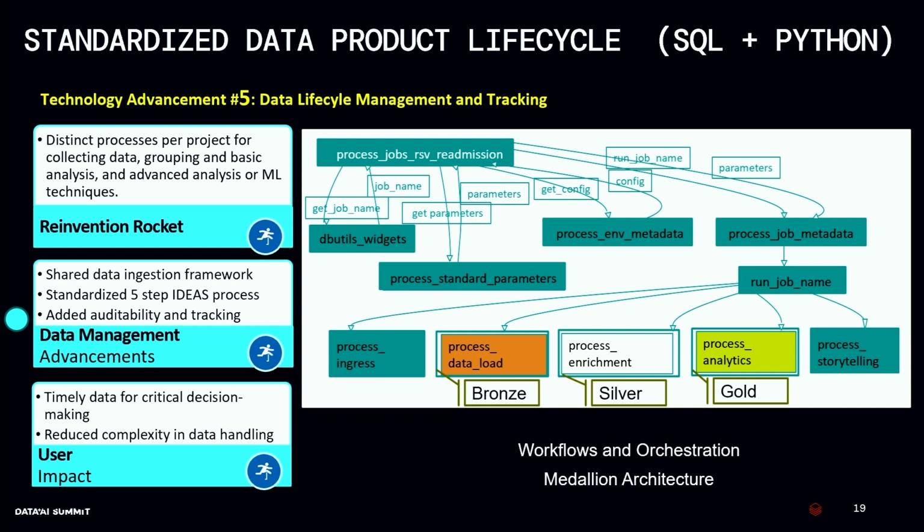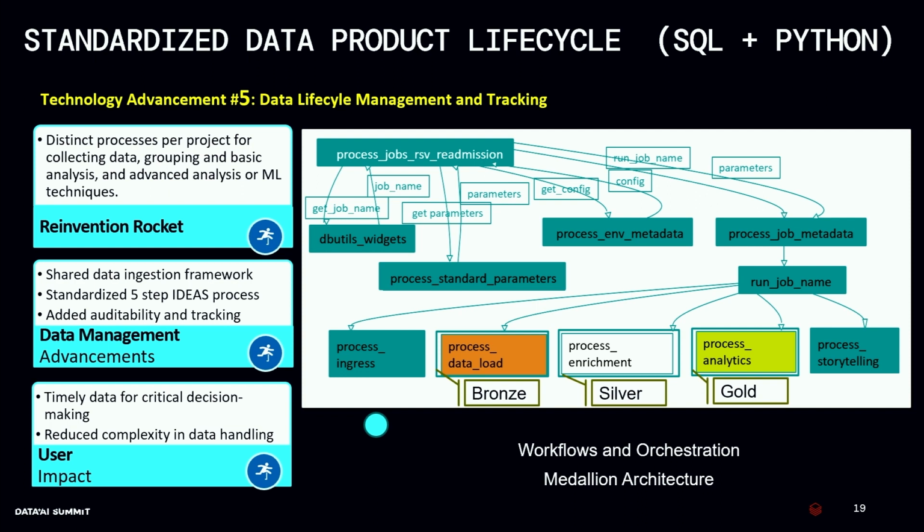Just like we talked about the pipelines for the structure and the gas for the data, you can think about this standardized product lifecycle as the pump to pump the gas through the pipelines in our factory framework. The key components are down here at the bottom.